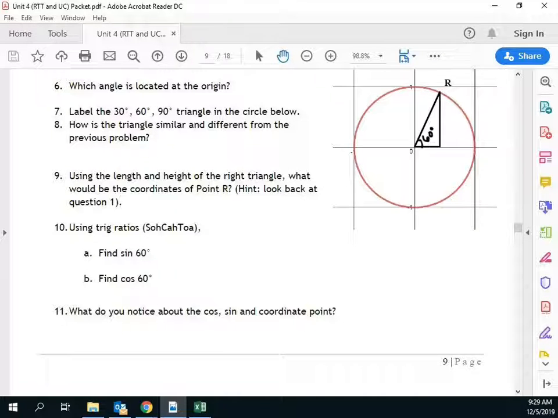Different point of view now. What's our new leg that's adjacent to 60? What's the length of the leg adjacent to 60 in a unit triangle?